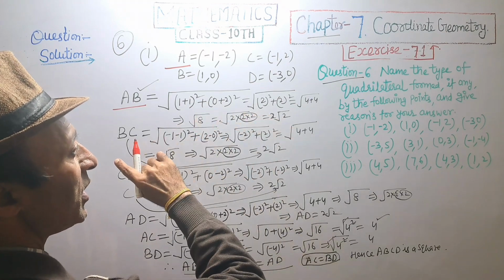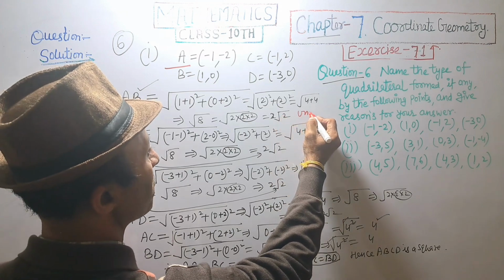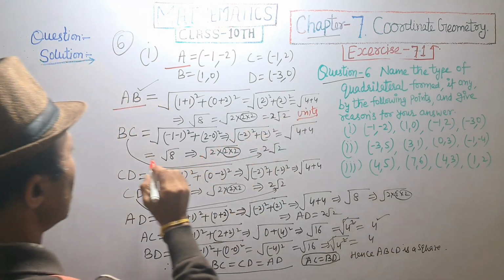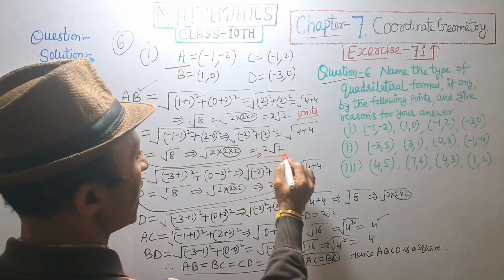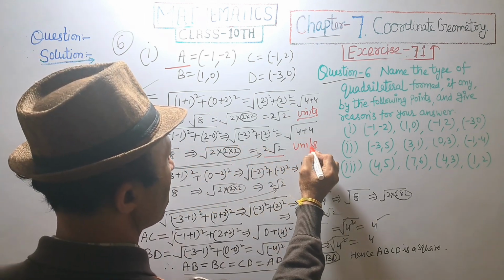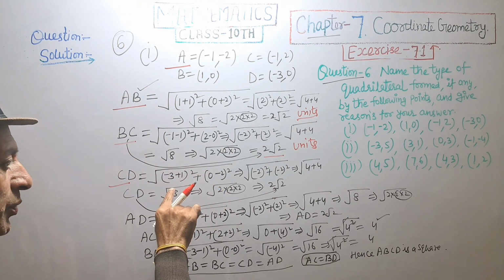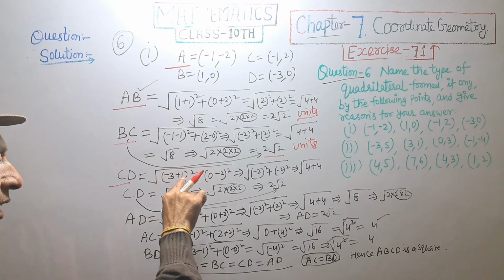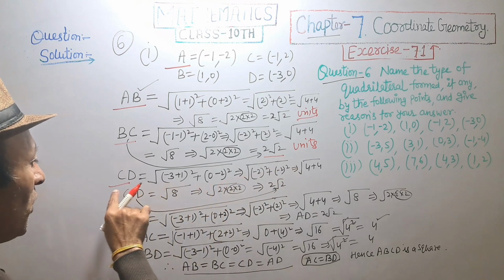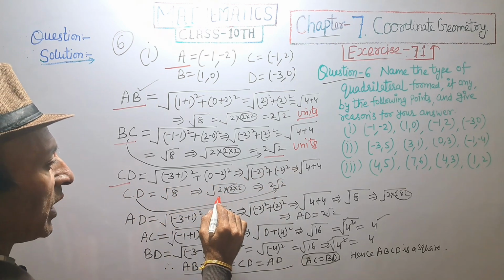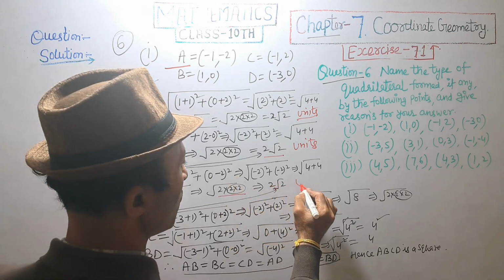Taking 2 common from under root, we get 2 root 2 units. AB and BC, same process by distance formula, we get 2 root 2 units. And CD on the same process, by distance formula, we get the value of CD is equal to root 8, that is 2 into 2 into 2, taking 2 common, and 2 root 2 units is the answer.